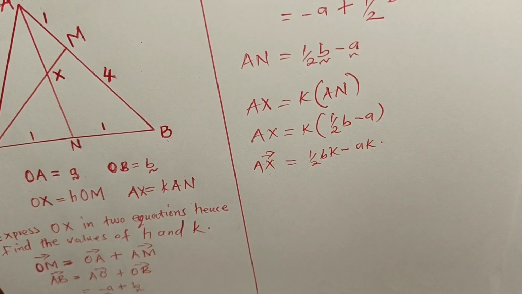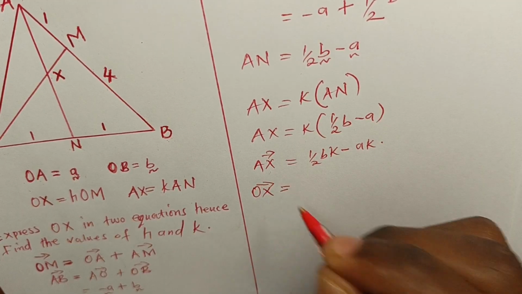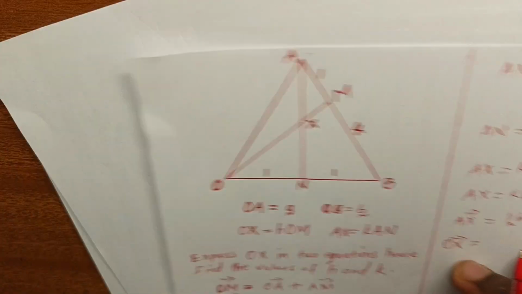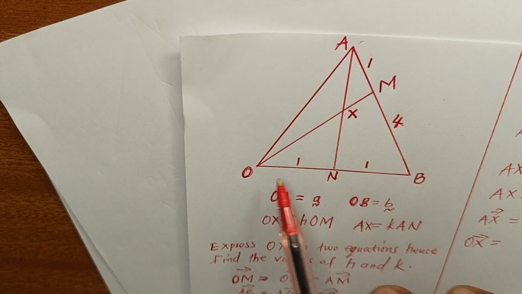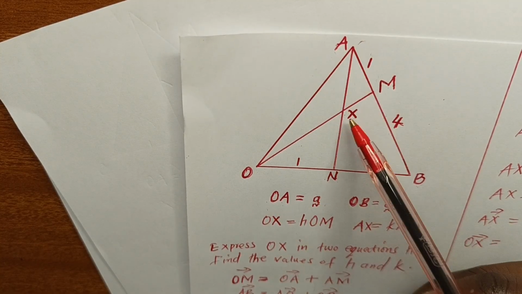That is AX. Now I want us to find the second equation of OX, and you can see in the diagram that OX is traced by the route OA and AX.